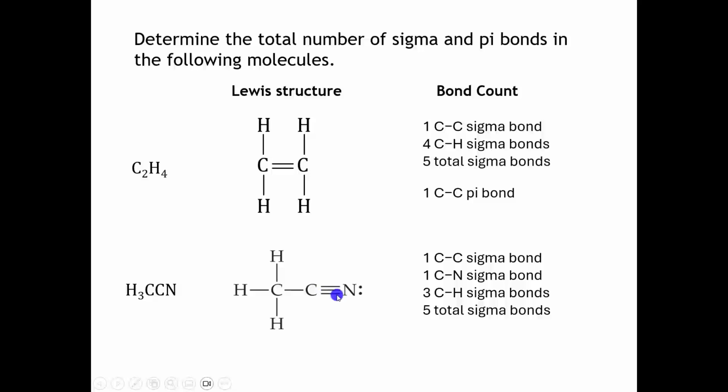So this molecule also has 5 sigma bonds, and it has 2 pi bonds because the carbon-nitrogen bond is a triple bond, and the triple bond is always going to be 1 sigma and 2 pi's. So this molecule has 5 sigma bonds and 2 pi bonds.